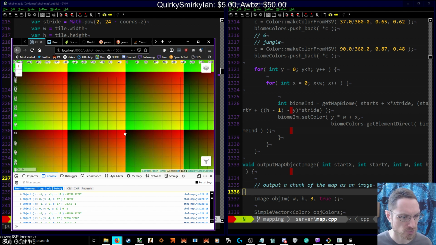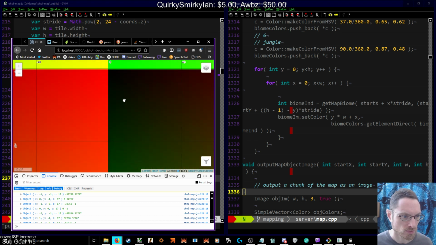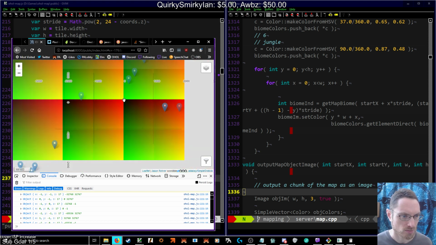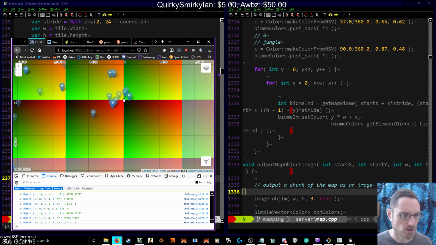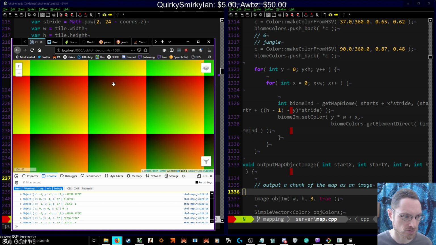Since I was doing this before. Well, okay, so x and y is going to go that way. Right, yeah, we're zooming into the image, and then the tiles are always the same.